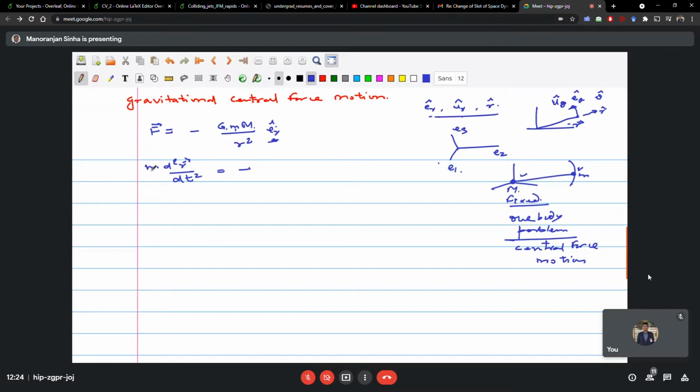So m will cancel out. I will simplify at this stage itself and write this as minus mu by r square, where mu equals G M. This is called the planetary gravitational constant, because it is multiplied by capital M. G is the universal gravitational constant.